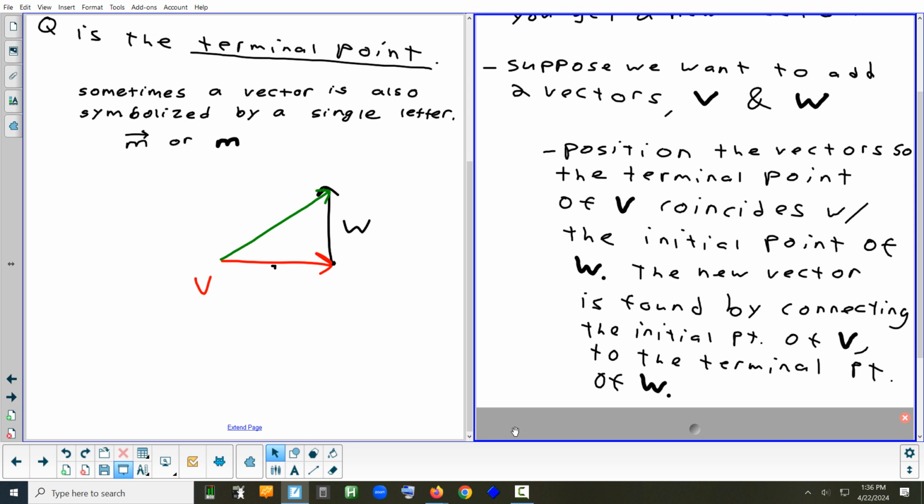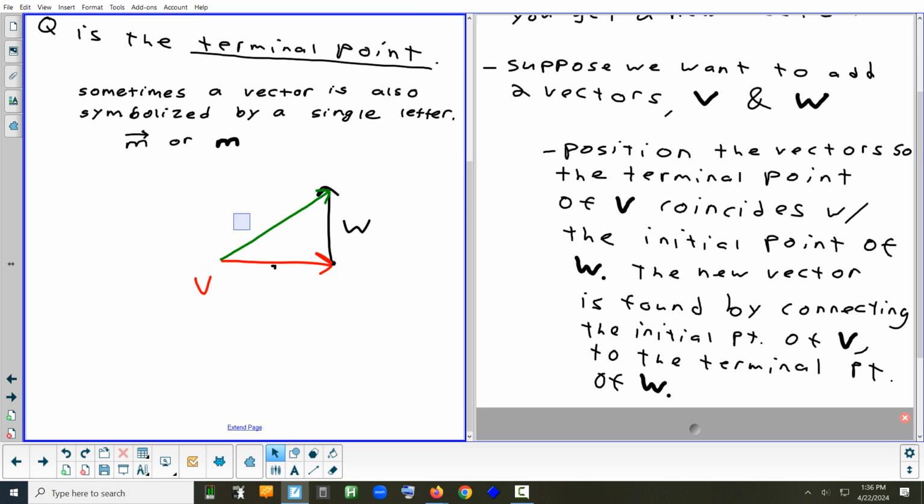Question: why is the green one pointing towards the terminal side? Wouldn't that be swapped around? Well, W is up, V is right, so green is up and to the right. If you swap it around, then green would be pointing down and to the left, but neither of the original vectors would give you any kind of downward or left motion, because the original ones are right and up.